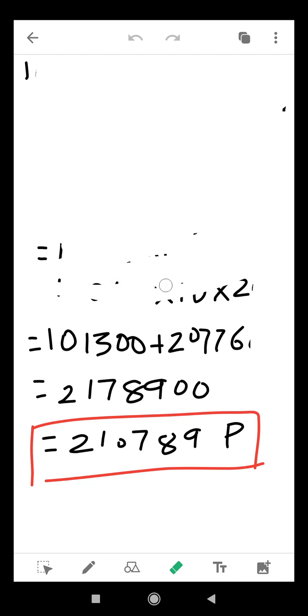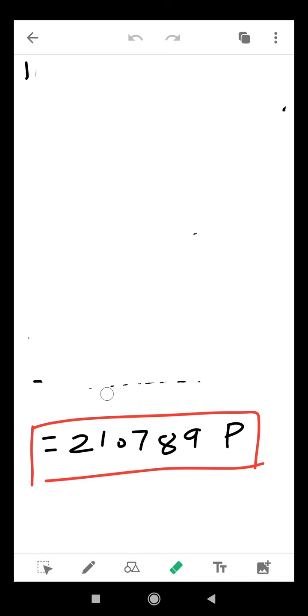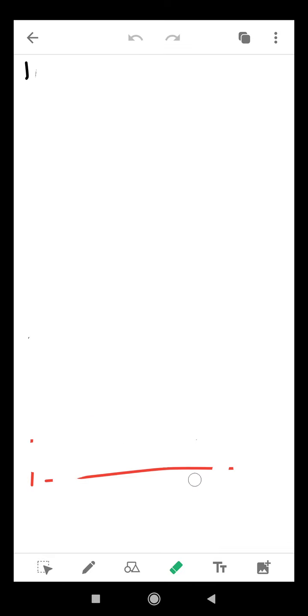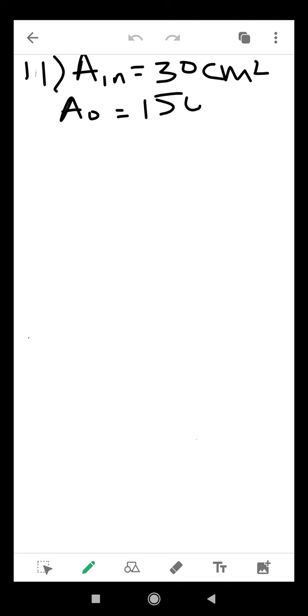Problem number 11 says, in a hydraulic lift, the input piston has surface area 30 centimeter square and the output piston has surface area 1500 centimeter square. So you have been given the input area and output area. You can write A in as 30 centimeter square, and output area A out as 1500 centimeter square.